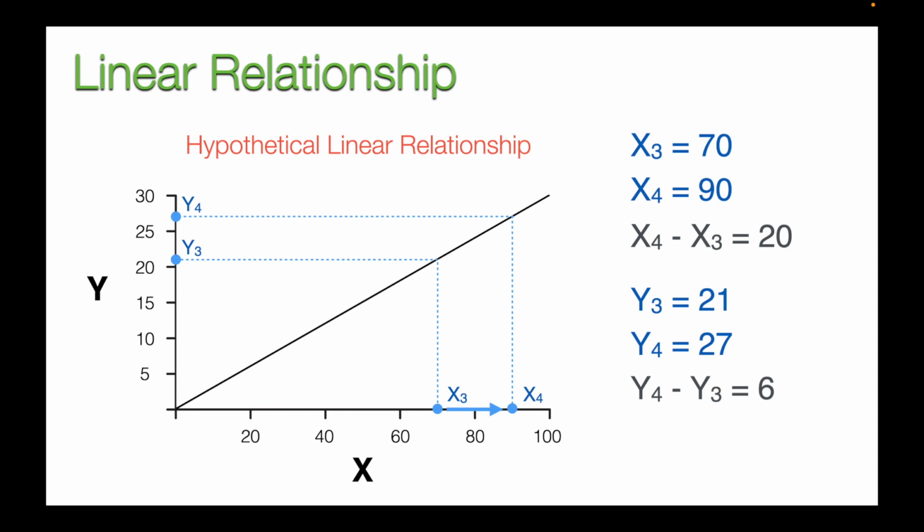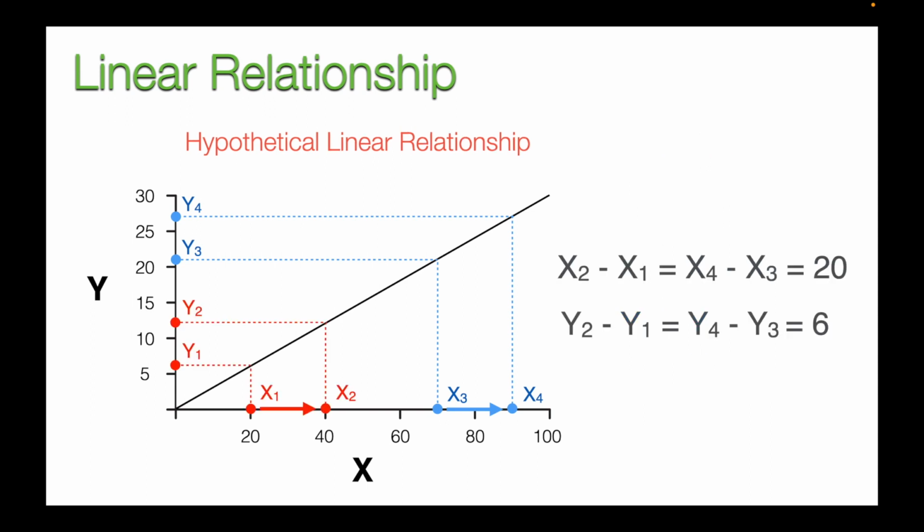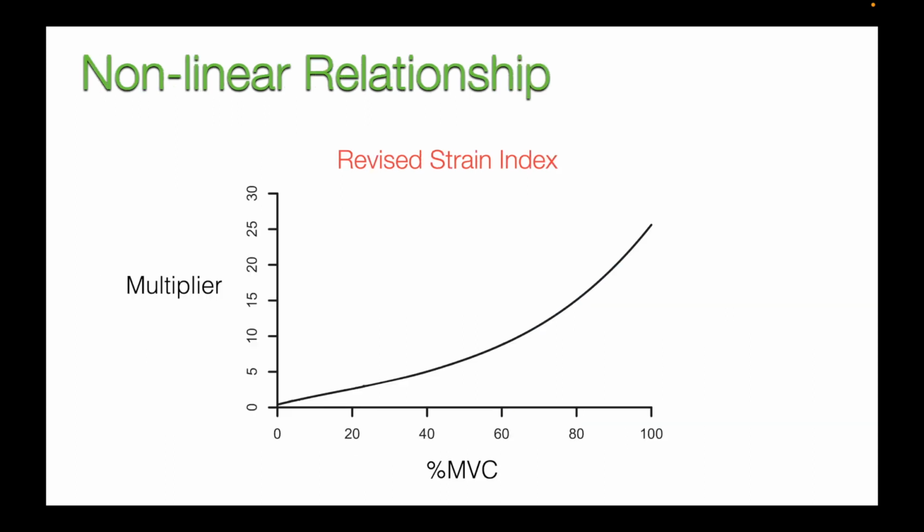And if we look further along the x-axis, at a higher value, if we go from 70 to 90, we also make a 6-point jump. It doesn't matter where you are on the x-axis; if you move the same amount, you'll have the same output or rate of change on the y-axis. You can see it's the same for both the lower levels and the higher levels of x.